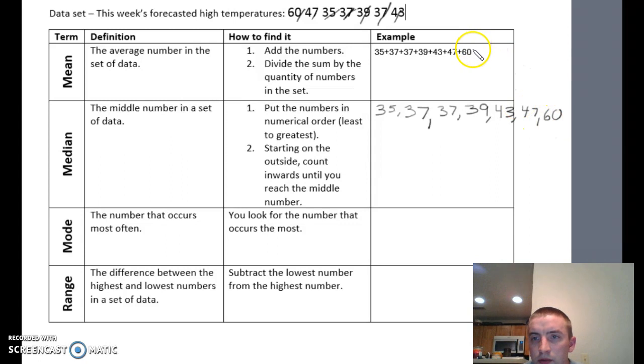So we're going to go equals 298. So now we're going to divide 298 divided by 7 because there are 7 numbers in our data set. All right. So go ahead, pause the video again, and do your long division just off to the side of your paper here.